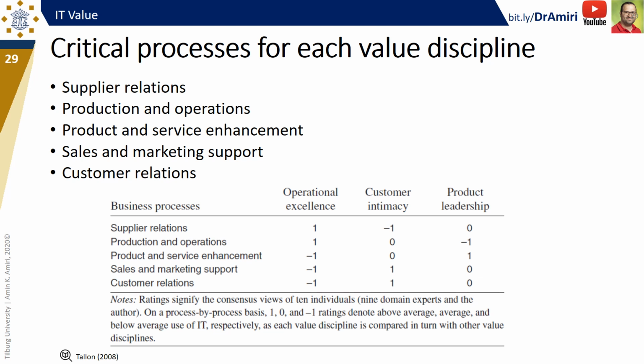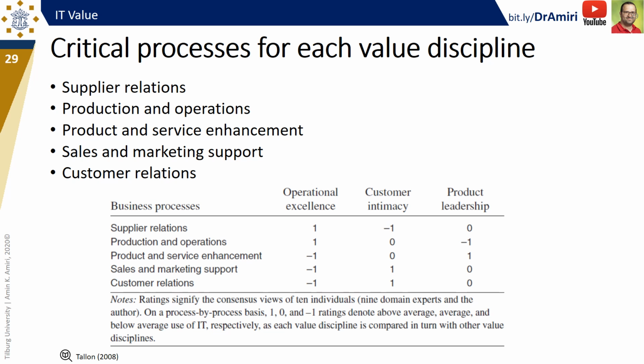However, the other three processes can be less than average. For the customer intimacy value discipline, sales and marketing support and customer relations are the important critical business processes, while production and operations and product and service enhancement should be average, and supplier relations can be less than average.